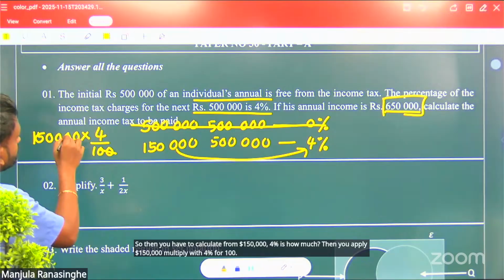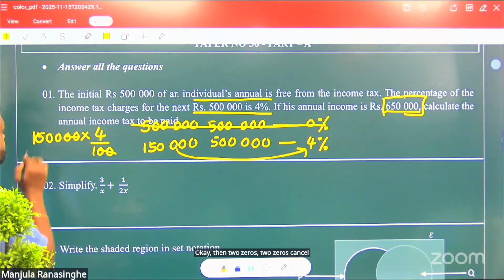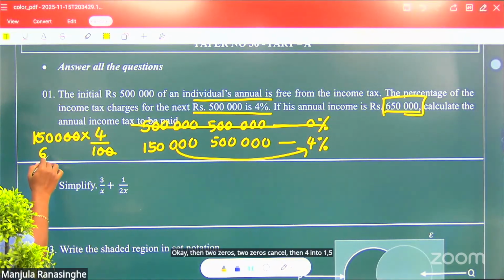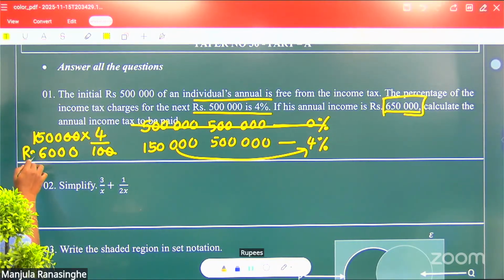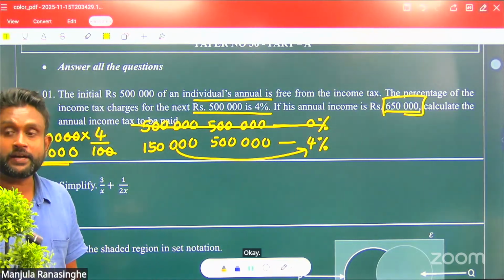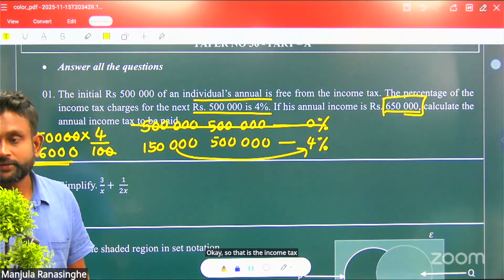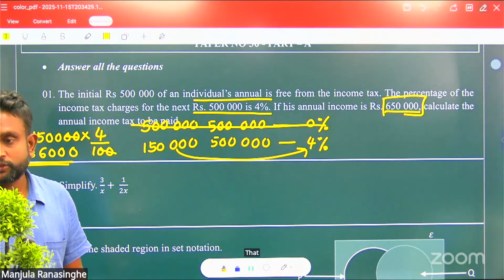Two zeros cancel, then 4 into 1,500. So it comes as 6,000 rupees. Rupees 6,000, right? So that is the income tax they need to pay.